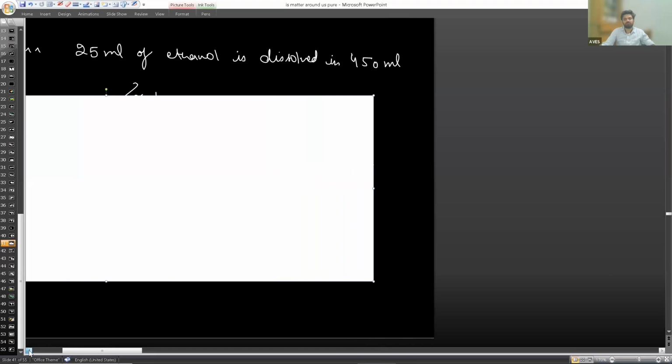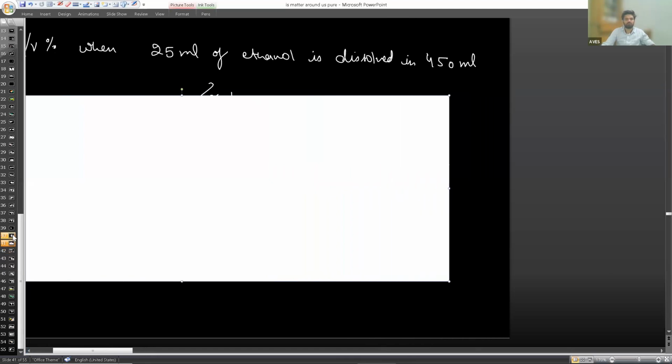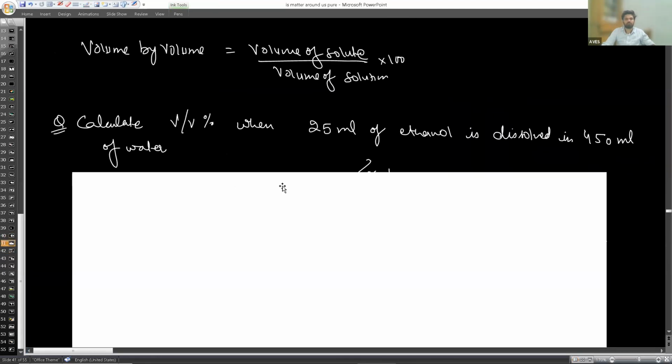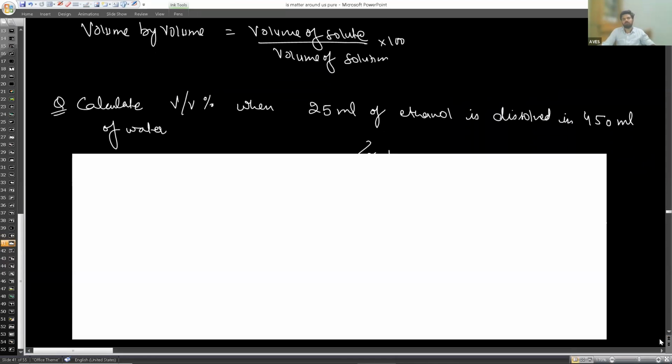Note down the question. Calculate the volume by volume percentage when 25 ml of sugar is dissolved in 400 ml of water.